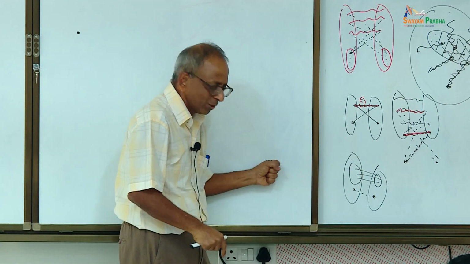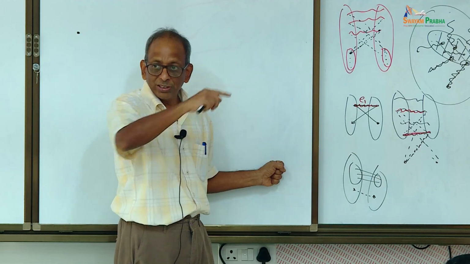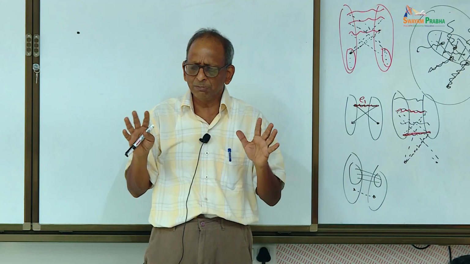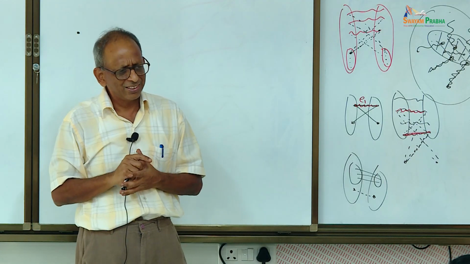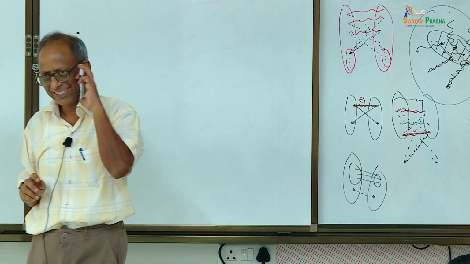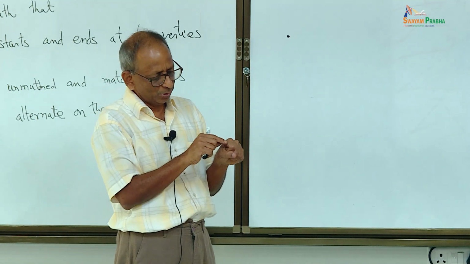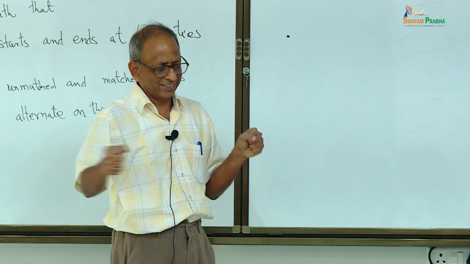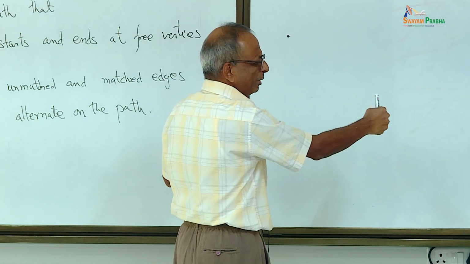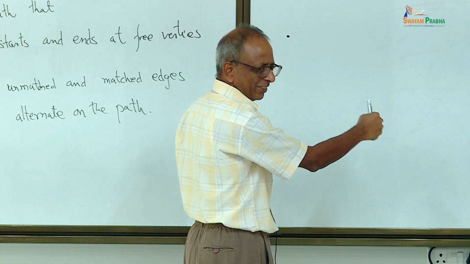But they must start on the left and end on the right. What is the total number of edges in an augmenting path? Is it always even or odd? Suppose you start from here and end here. After, will it be odd or even? Always odd.